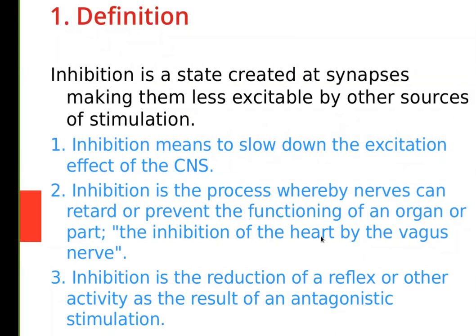Our neuron system has a very specific type of response which is named inhibition. And inhibition is a process which is opposite to activation, to production of action potential. Because inhibition is a temporal decrease in the ability to produce action potential.